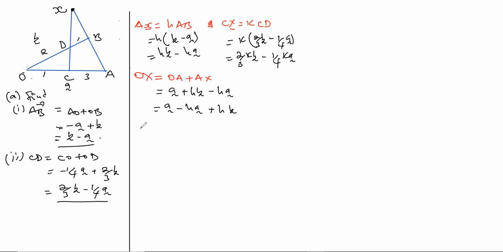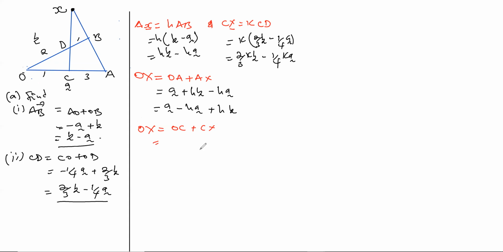The next OX, because I have finished the first one, will be OC plus CX. You use different routes to get to the value X from O. So the second one will be OC plus CX. Just like the other process, you go back to the diagram. OC is 1/4 of this A. So now from O to C, the ratio is just 1.